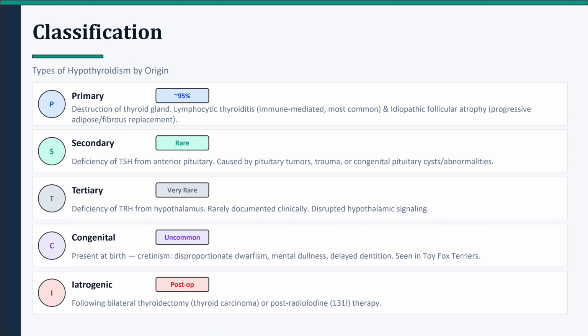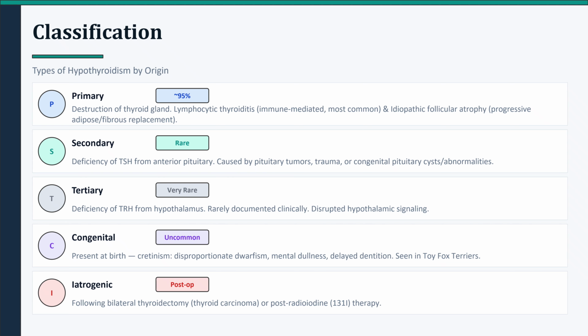Now that we know what hypothyroidism is, let's talk about how we classify it. We classify hypothyroidism by its origin, essentially where in the hormonal cascade has the problem occurred. First up, primary hypothyroidism. This accounts for a whopping 95% of all cases in dogs. The problem here is directly in the thyroid gland itself.